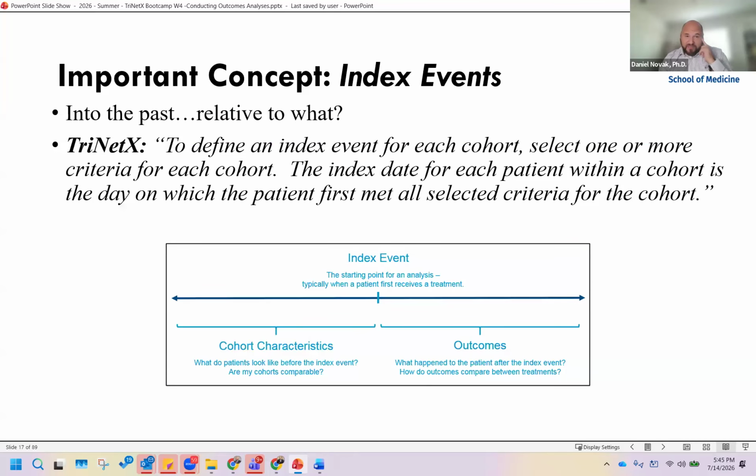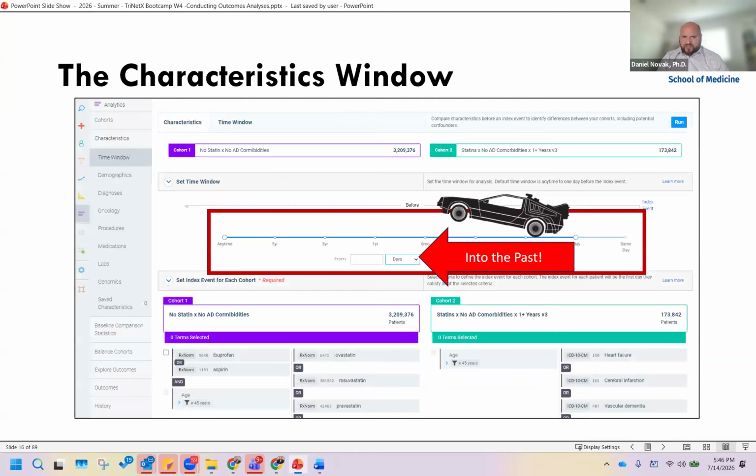And again, to review the concept of an index event into the past relative to what, right? So TriNetX defines an index event for each cohort, and it's the first date for each patient within a cohort that they meet all the selected criteria for that cohort. So here you would see that depending on the boxes you check, people enter in when these events have occurred or these events have occurred.